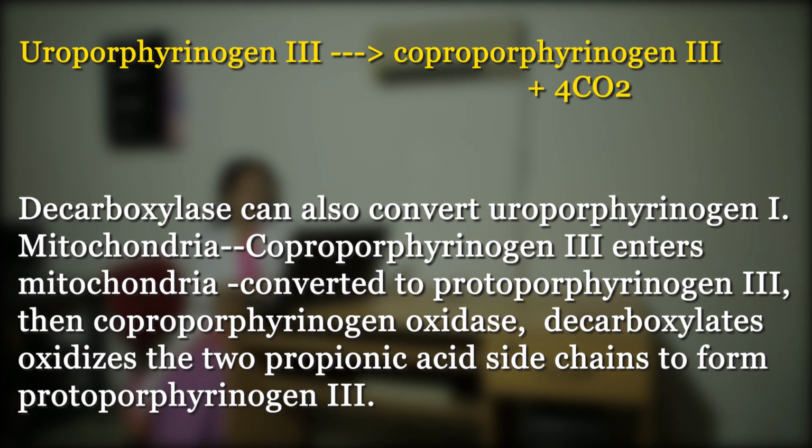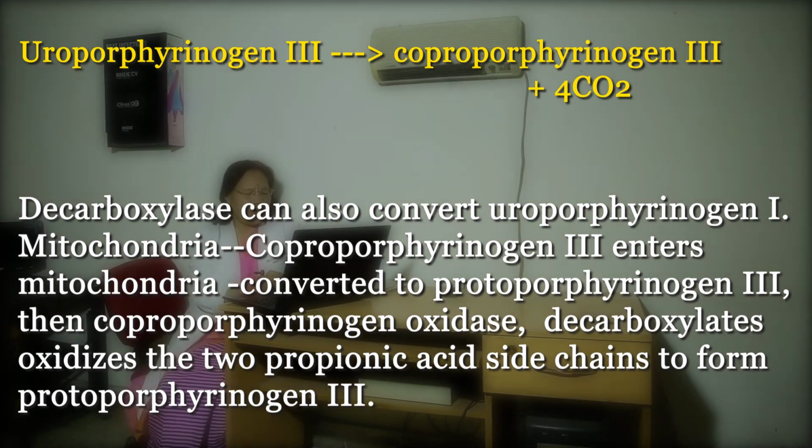The decarboxylase can also convert uroporphyrinogen I. Then coproporphyrinogen III enters the mitochondria, where it is converted to protoporphyrinogen III. The enzyme coproporphyrinogen oxidase decarboxylates and further oxidizes the 2 propionic acid side chains to form protoporphyrinogen III.